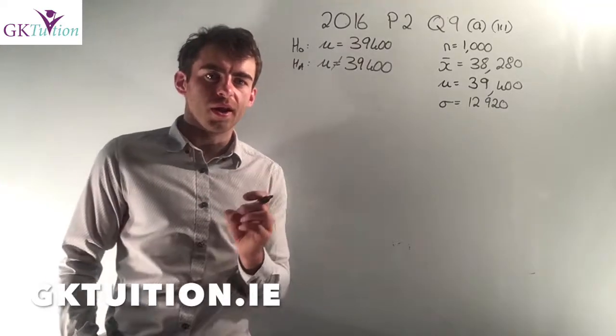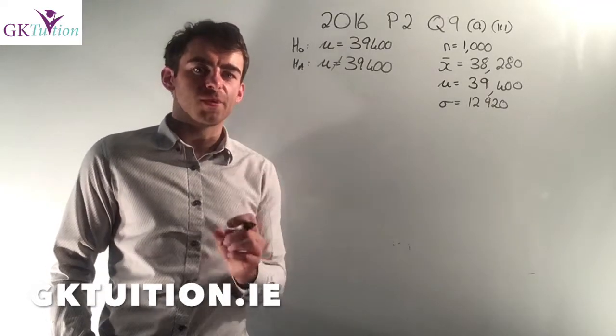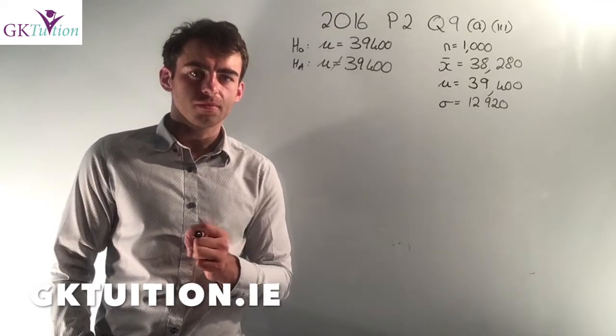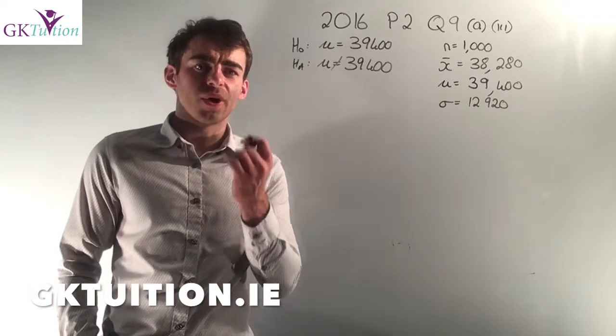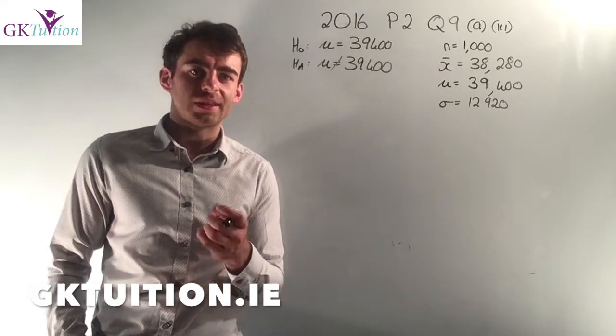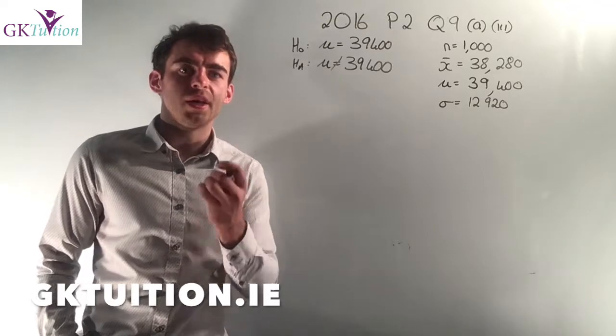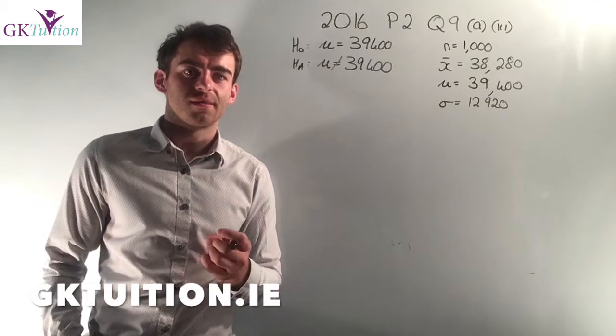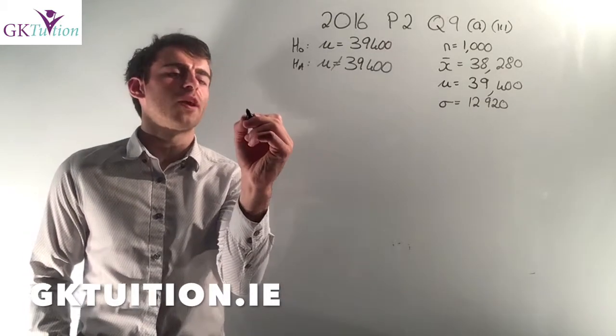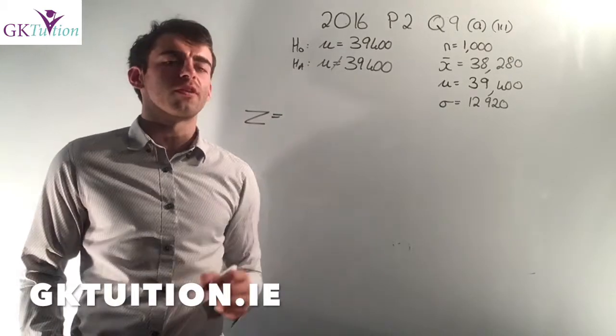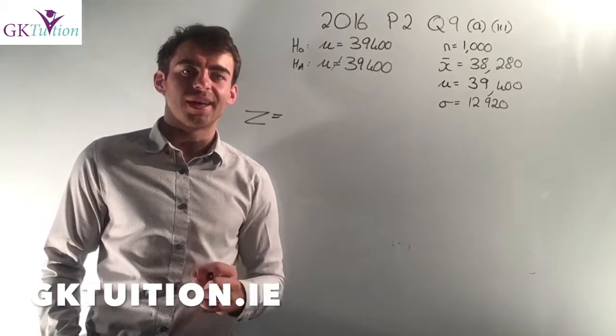The other thing I want to highlight in terms of the wording is the 5% level of significance. Now, you know in class, the question says 5% level of significance. I always recommend doing a one sample Z test. So on the top of page 35 in our log tables, we've got the formula for a one sample Z test.